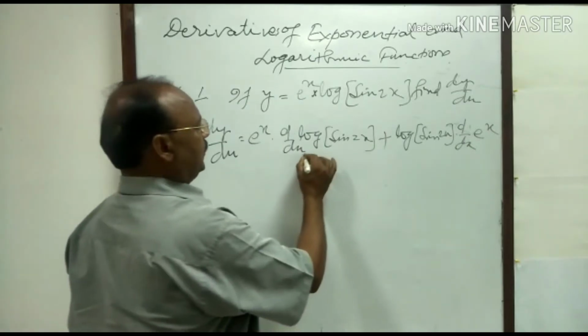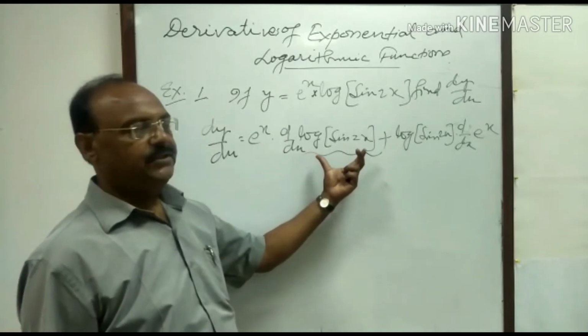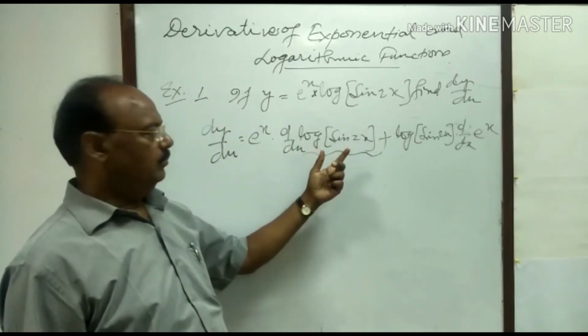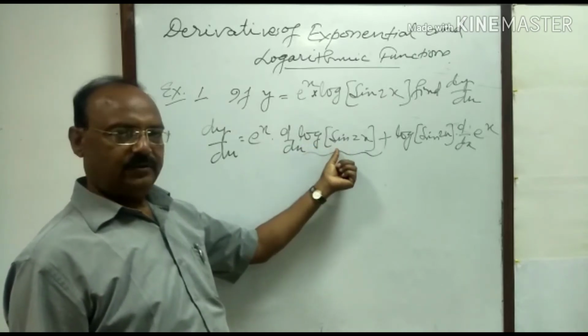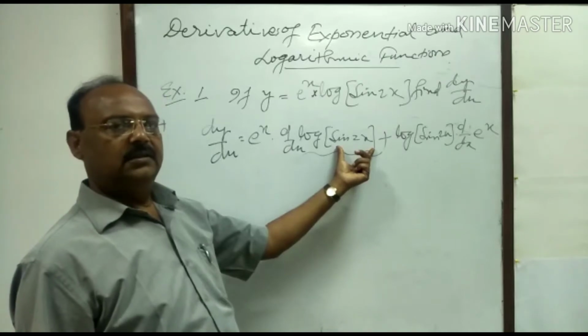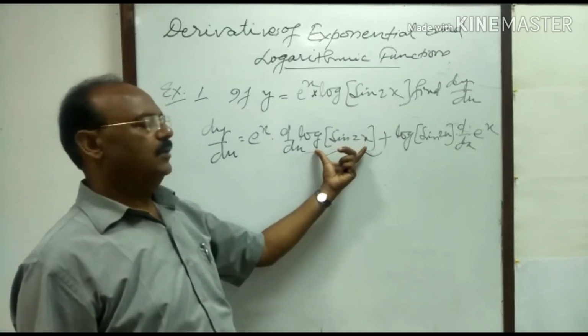Now, here in this part, we'll apply the chain rule, or you can say the derivative of a function of a function, because this is a logarithmic function of sine 2x, which is a sine function of 2x.